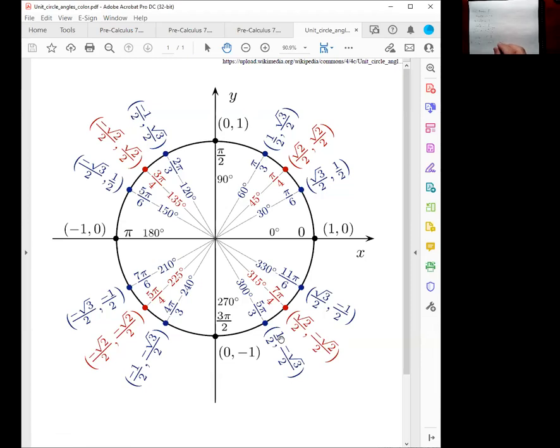Next one is 2 pi thirds. Sorry, spaced out for a second. 4 pi thirds.